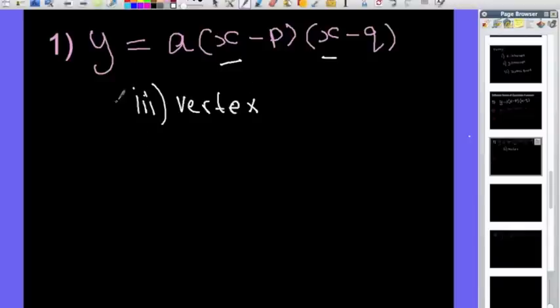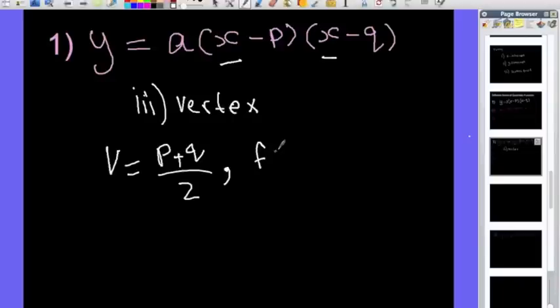Now the third point, which is the vertex. In order to find the vertex using this form, there are formulas for it, which is v equals (p plus q) divided by 2. And if you want to find the y coordinate of the vertex point, you have the formula f of (p plus q) divided by 2.